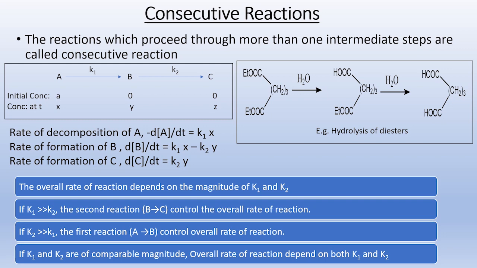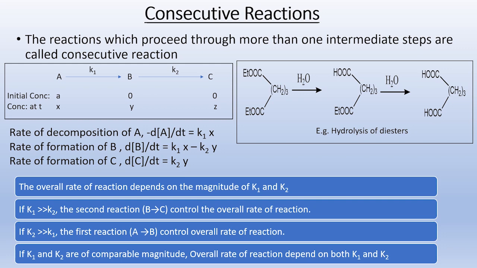So formation we give plus sign, decomposition we give minus sign. So we have to write rate is equal to rate constant into starting concentration.